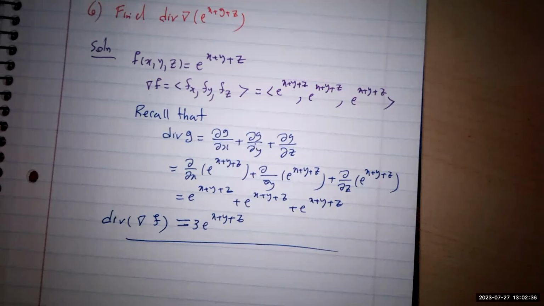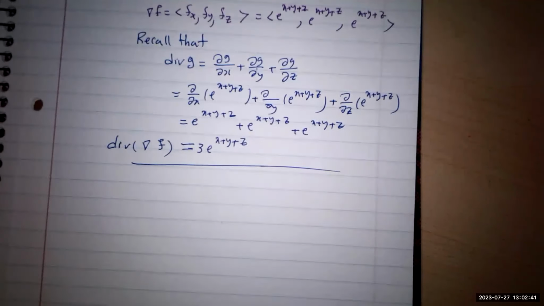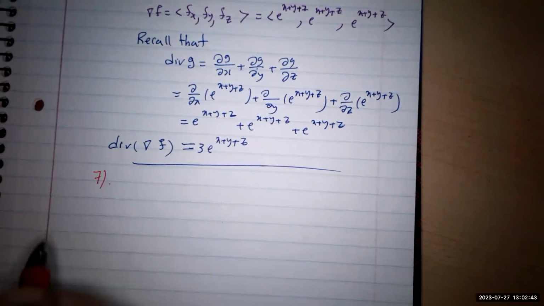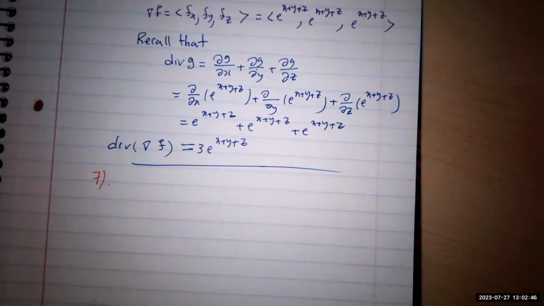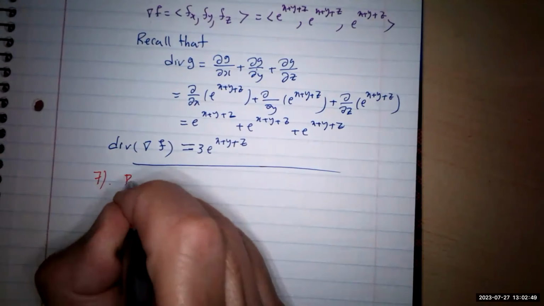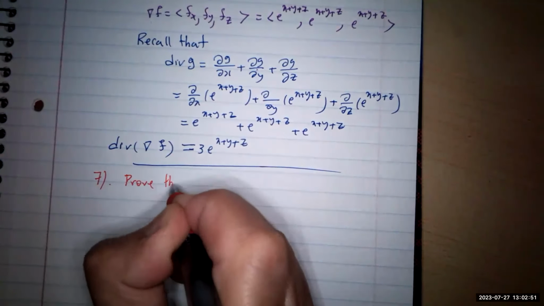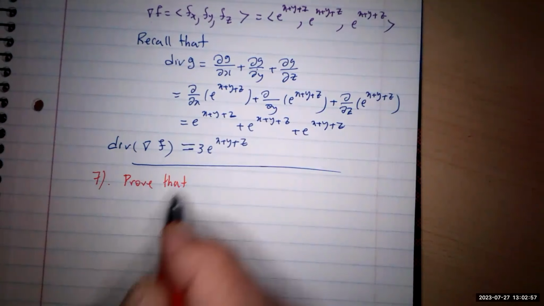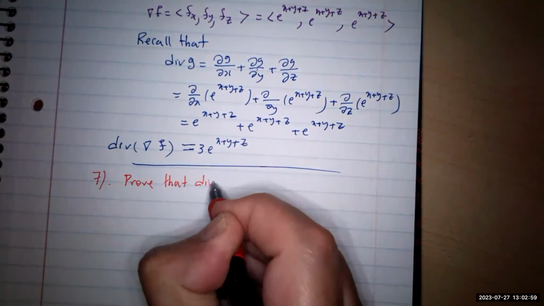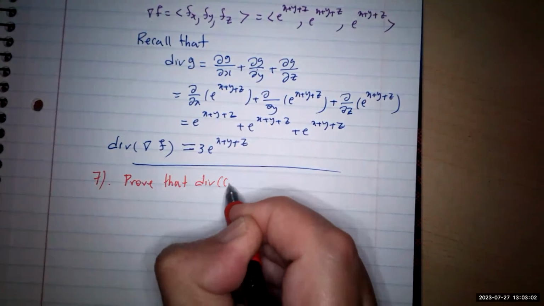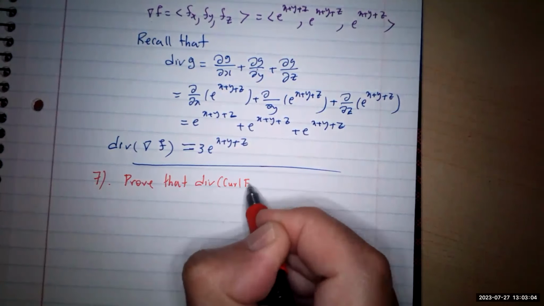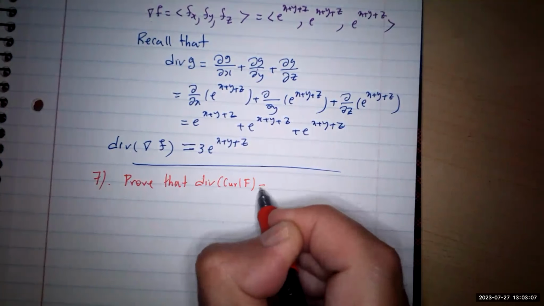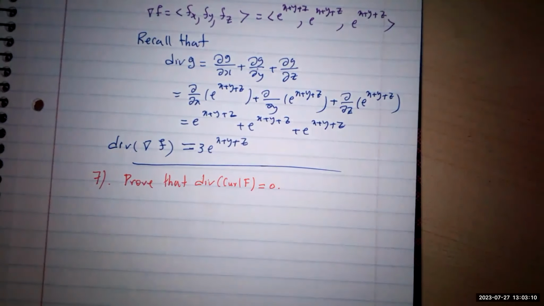Number 7, I proved this one during the lecture. I can remind you of it as well. They ask you to prove that the divergence of the curl of any vector field function is equal to 0.